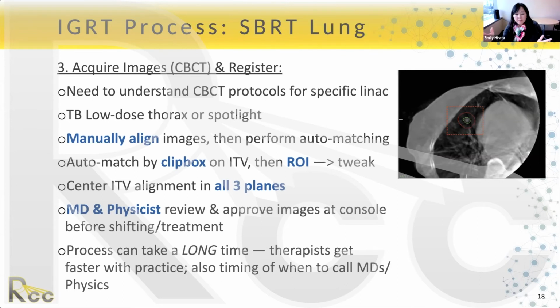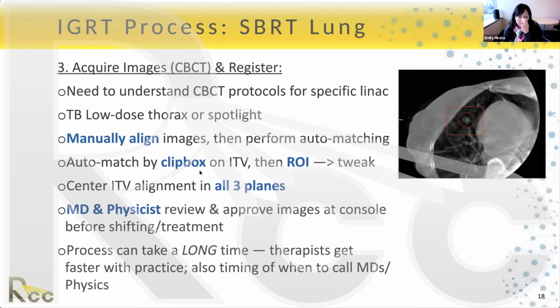They'll basically make sure that the two images on the screen are in the right ballpark, and then they'll perform auto matching. If we just do auto matching and the images are disparate, the auto matching algorithm could actually put you in a really different position, and it can be really confusing sometimes on how to align it. So really, really important to first manually align the image grossly and then do the auto matching.